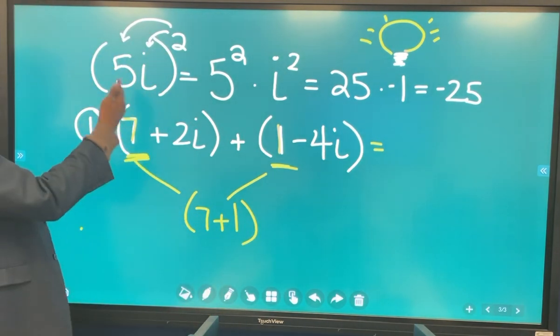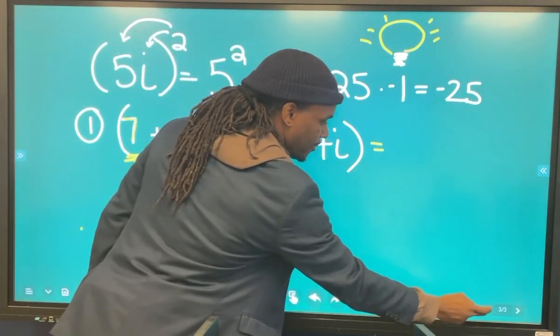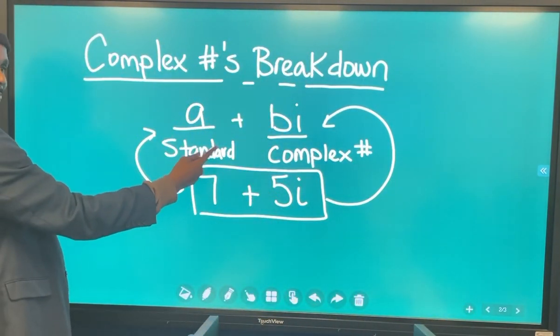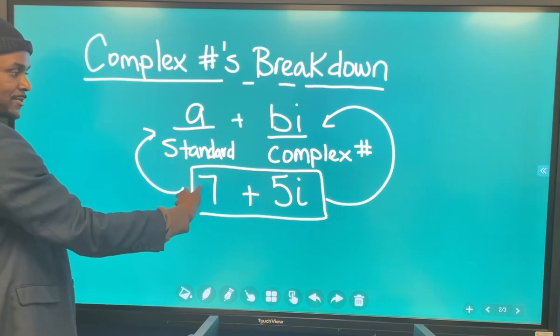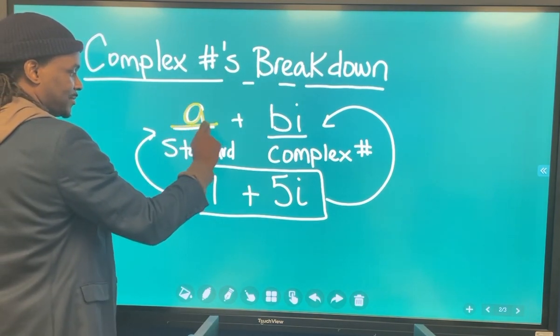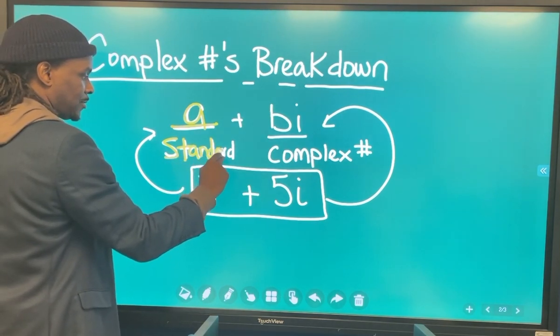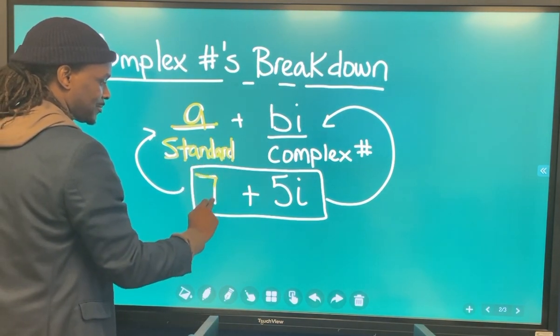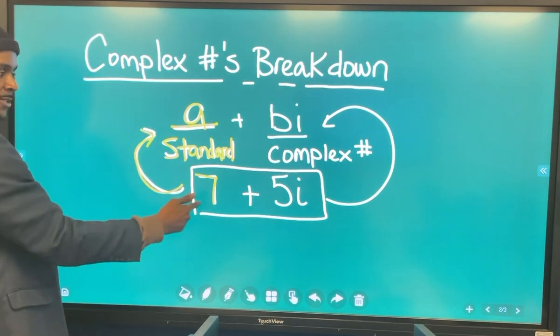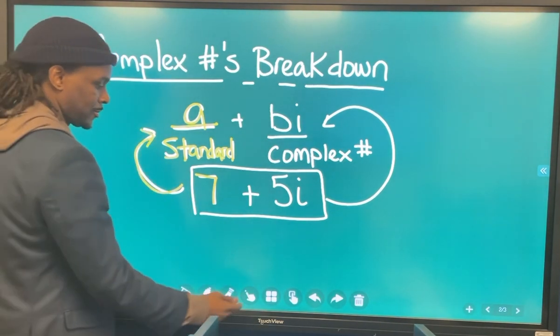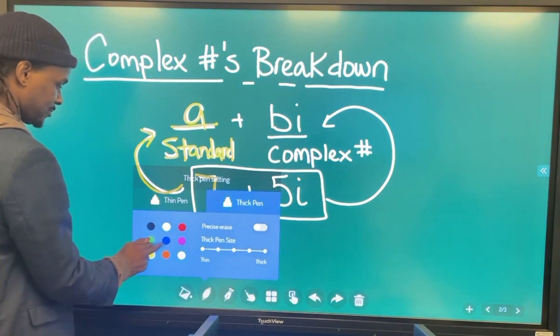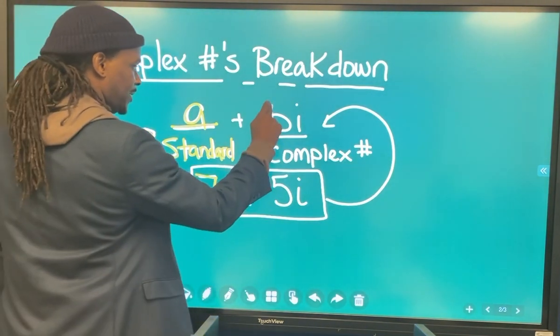So you have 8. Remember the format we were just talking about? We're going to break it down to this format. Maybe I should do it like this. All the standard numbers are going to be in yellow. We'll put all the other numbers in blue or something.